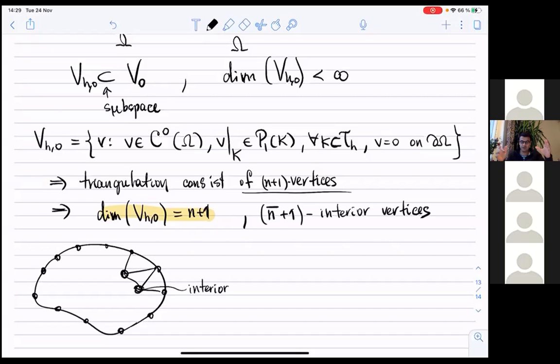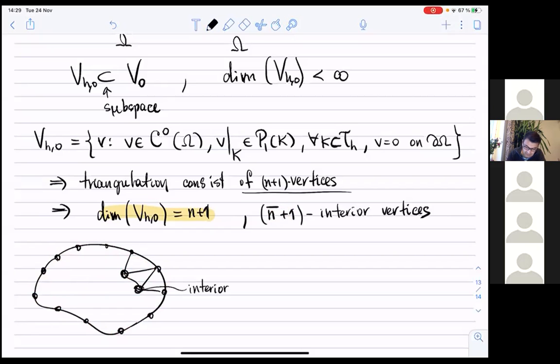So we have a triangulation of this first, the big domain, but we don't number the vertices which are on the boundary. Then for the interior vertices, let's say that we have n bar plus 1 interior vertices.